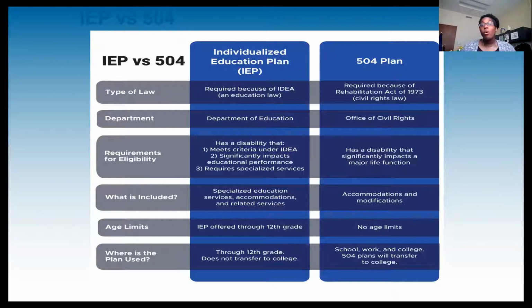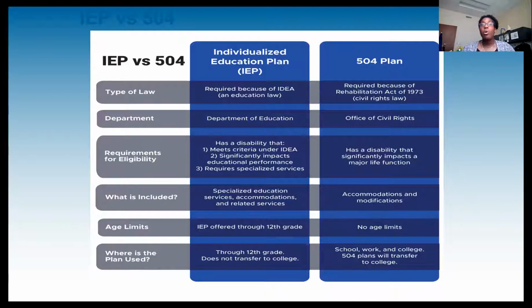A 504 plan, an accommodation plan, is guided by Section 504, which is from the Rehabilitation Act of 1973. That is a civil rights law. It is to ensure that a student who has a disability has access to accommodations to improve academic functioning.